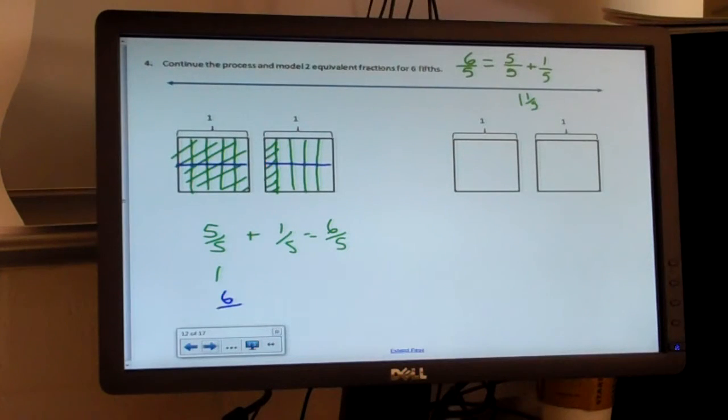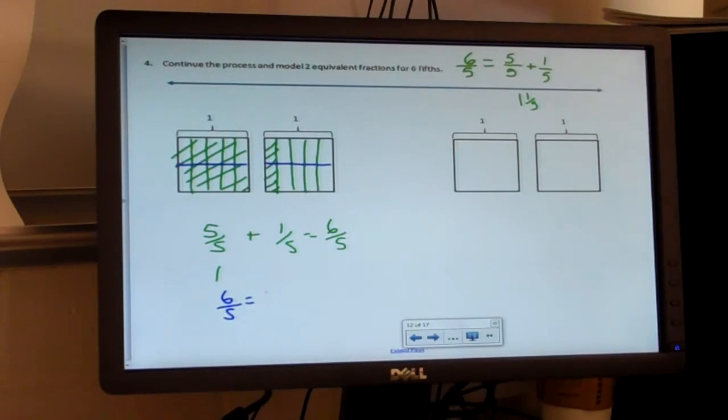Now we have 6/5, and we partitioned it into how many groups? 2 groups. So what are we going to multiply our numerator and denominator by? 2. We multiply the numerator by 2 and the denominator by 2, and you get 12/10. So this is an equivalent fraction.